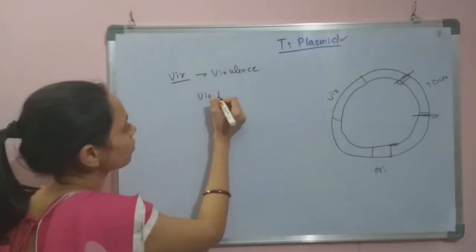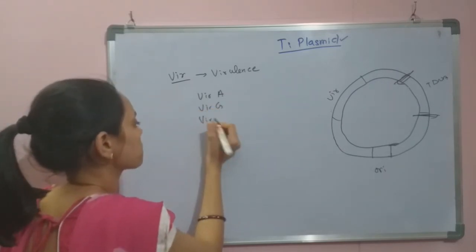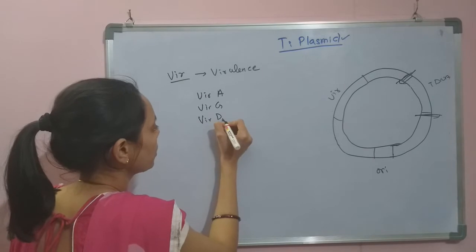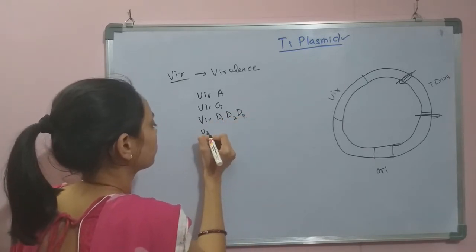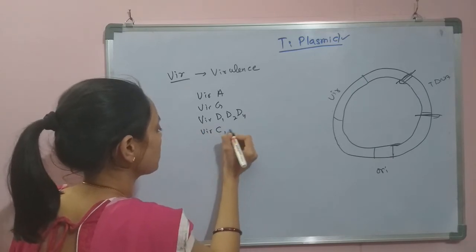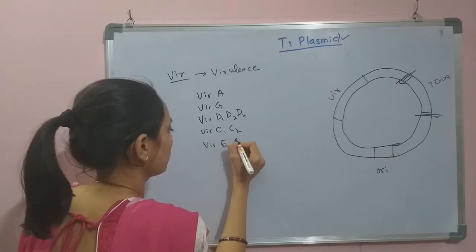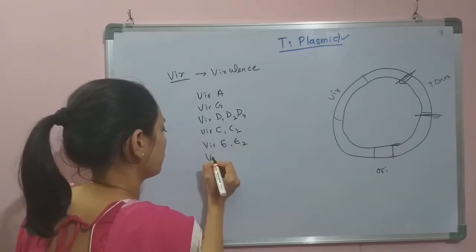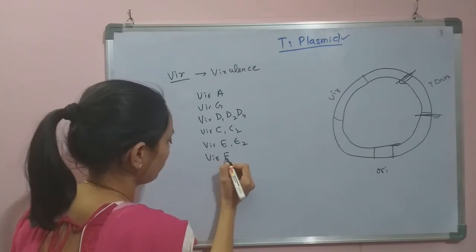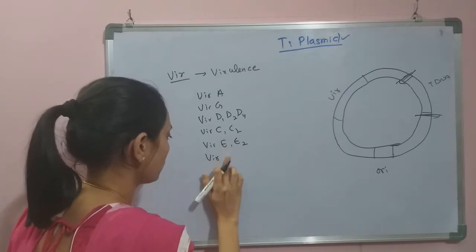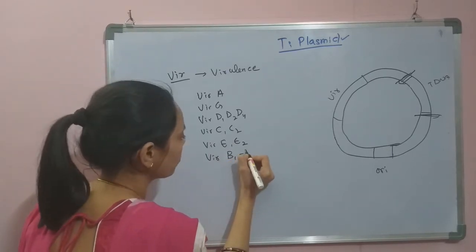Vir A, Vir G, Vir D1, D2, D4, Vir C1, C2, Vir E1, E2, Vir F, and here I'll write Vir B, Vir B1 to B11.